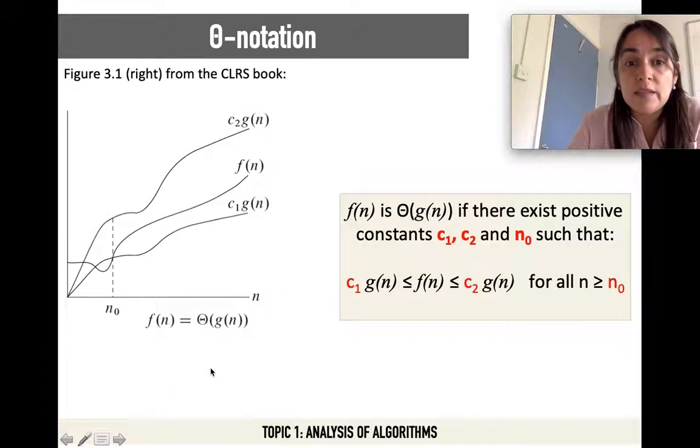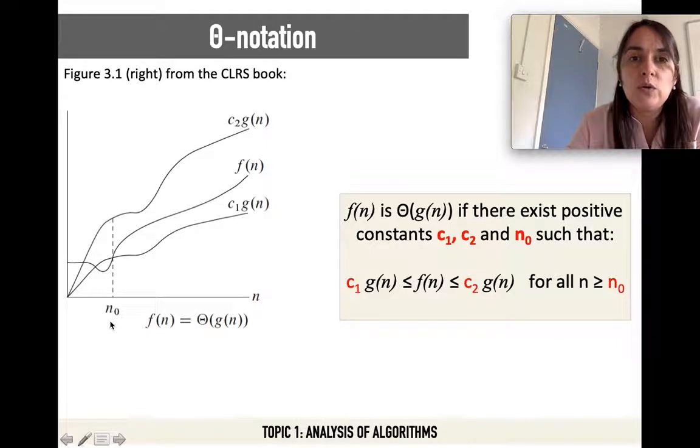So formally, the function I'm analyzing is theta of g(n) if there exist positive constants c1, c2, and n0 such that my function is always between these two, multiplied by different coefficients, for all n higher than n0.